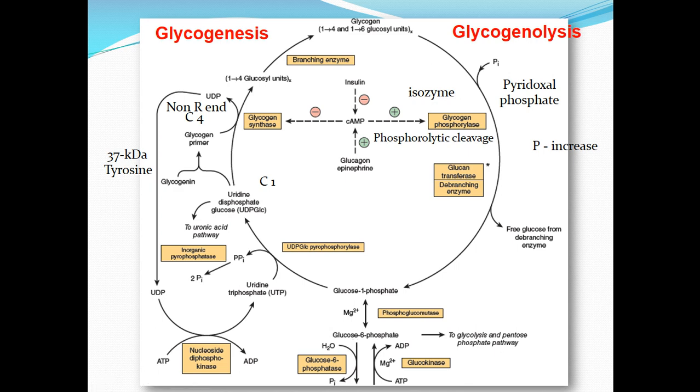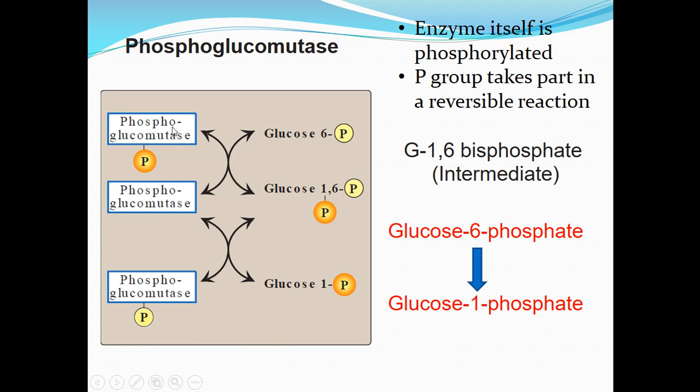Glucose 6-phosphate, formed by the phosphorylation of glucose through glucokinase or hexokinase in the liver, is isomerized by phosphoglucomutase into glucose 1-phosphate. The enzyme phosphoglucomutase is itself phosphorylated, and the phosphate group takes part in the reversible reaction.